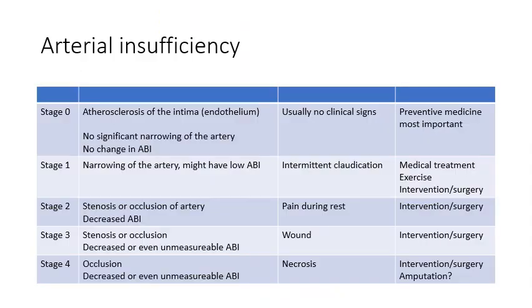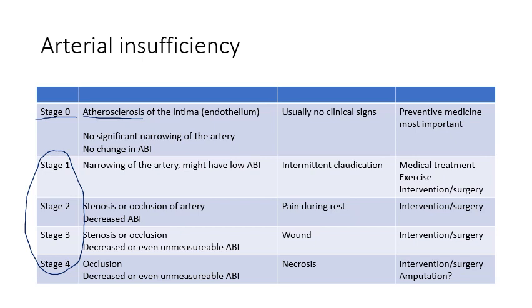So if we look at the arterial insufficiency, now we're starting to talk about the disease development, and we have 4 stages of arterial insufficiency, stage 1 through 4. I've added stage 0 here because you can call atherosclerosis in itself stage 0, because this is the change or the stiffening of the intimal layer or the endothelium, and also the buildup of plaque.